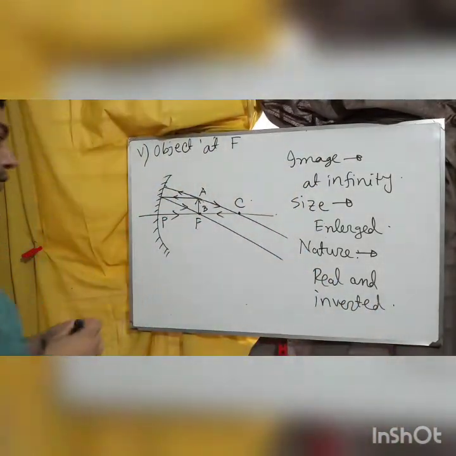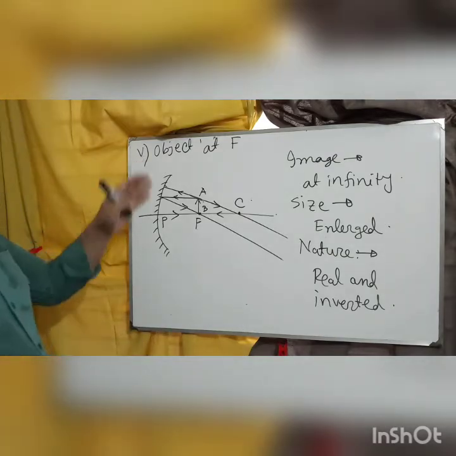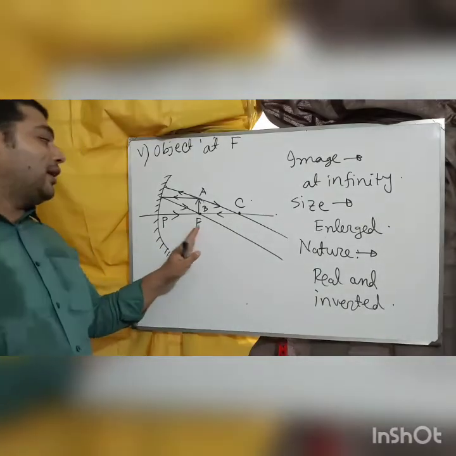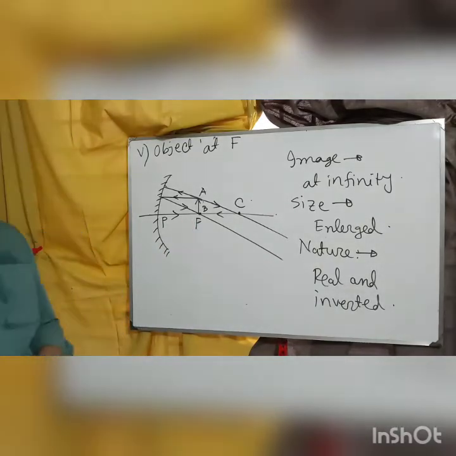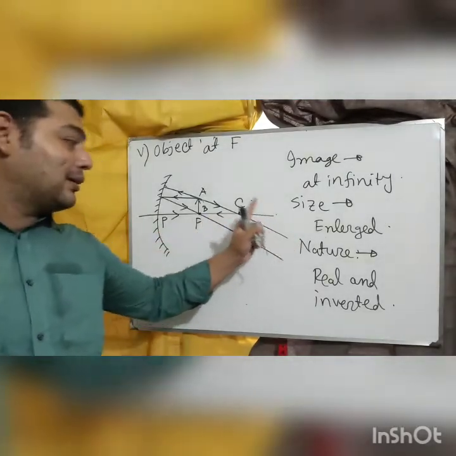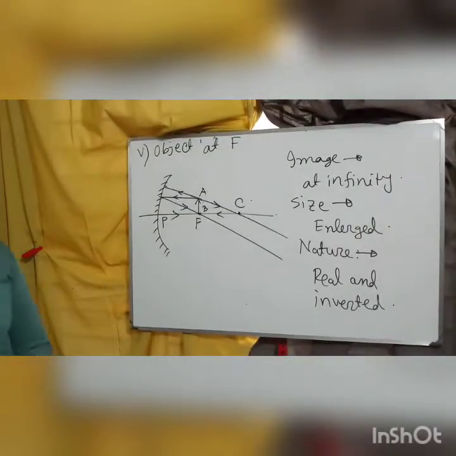So when the object is situated at the focal point, we get our image at infinity, the size of the image will be highly enlarged, and the nature is real and inverted.